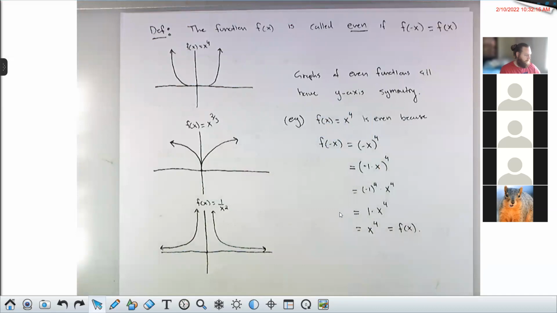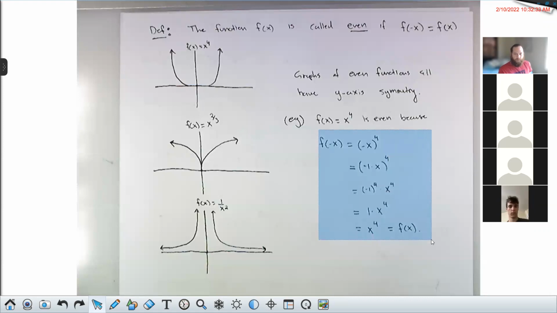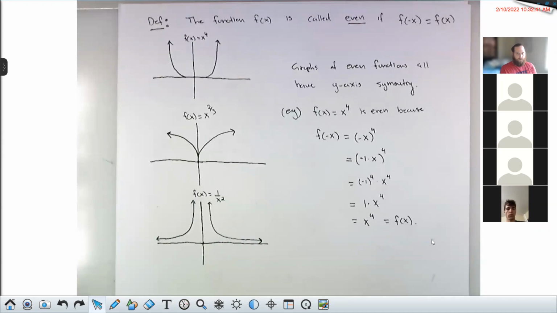Now, a lot of people have the impression that mathematicians sit around just doing calculations all day. And that's not the case. What we do is we like to prove things. So we come up with a question: is this true? Is this function even? Is this function odd? And then we try to prove, yes, it is, or no, it isn't. So this would amount to a proof that f of x equals x to the 4 is an even function. Questions about what makes an even function even?